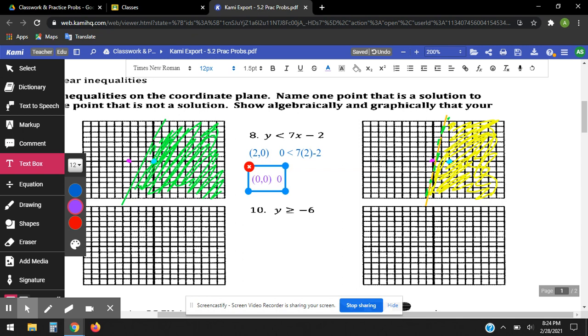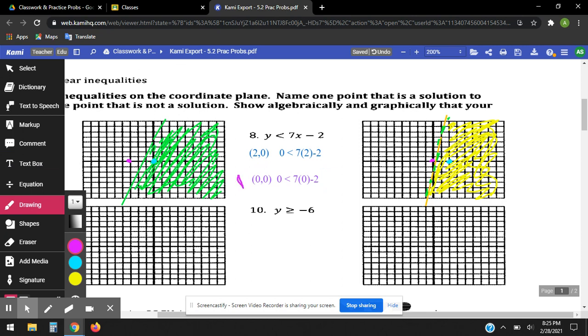So is 0 less than 7 times 0 minus 2? 0 minus 2 is a negative 2. That is not bigger than 0. That is less than 0. So we are correct. This one is false, and this one is true.